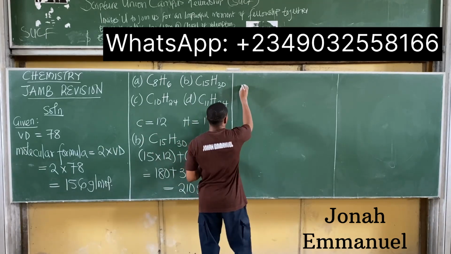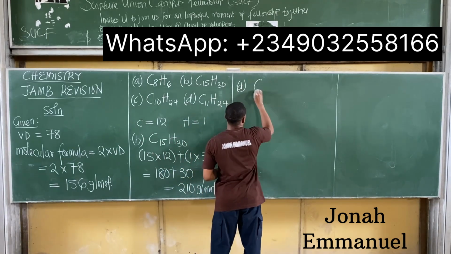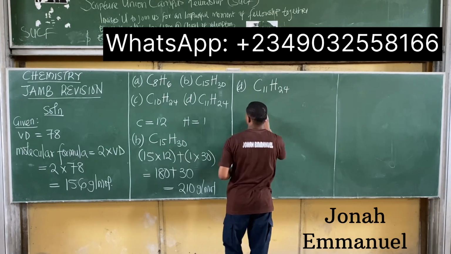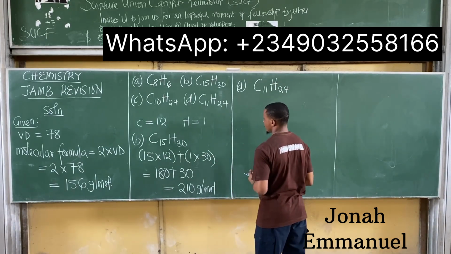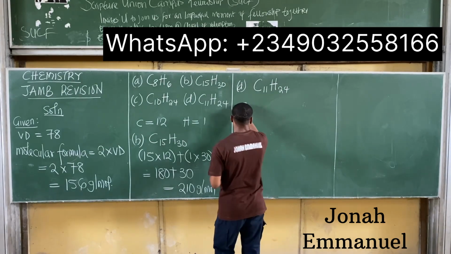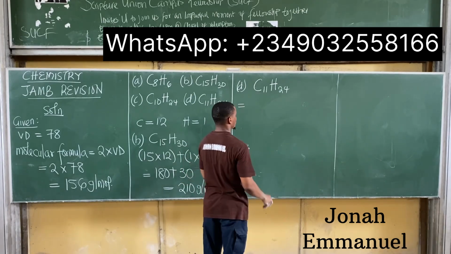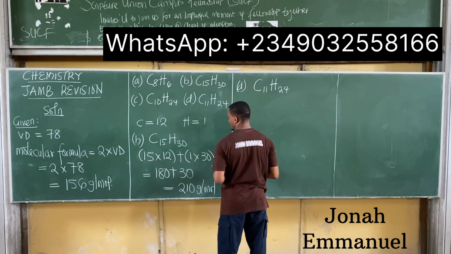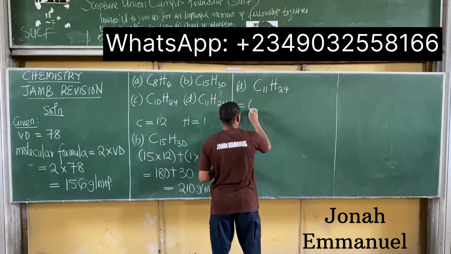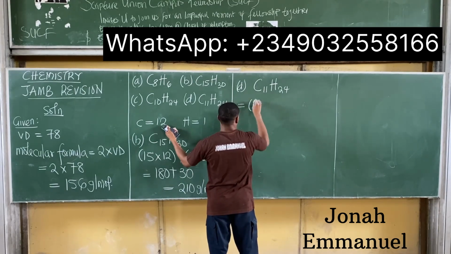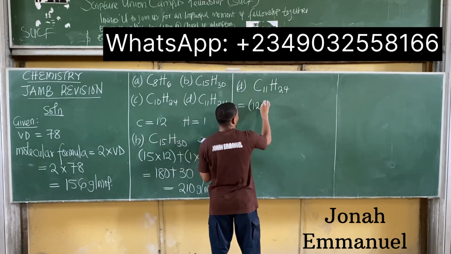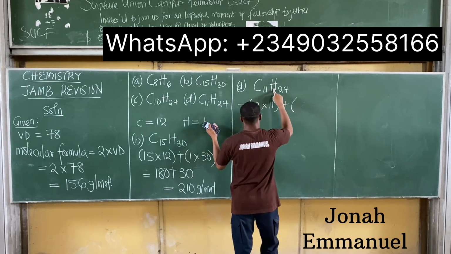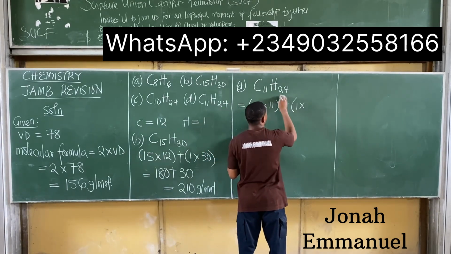Let's try D. So for D, let's say I have C11H24. Let's see how this works. Let's get the molar mass of this compound here. For carbon, the atomic mass is 12 times 11 atoms, plus for hydrogen, the atomic mass is 1 times 24 atoms.